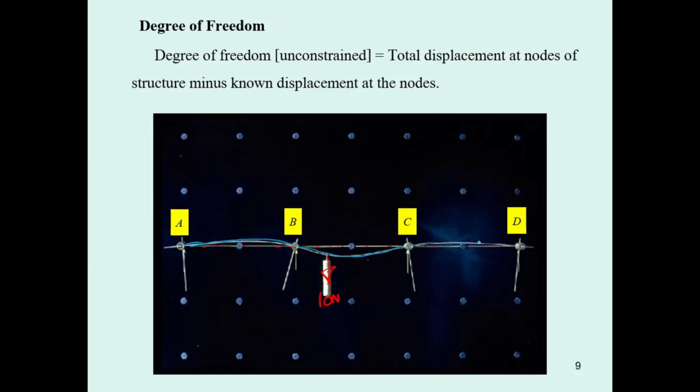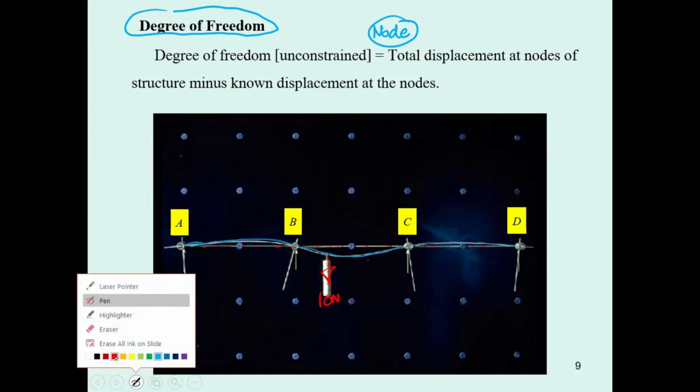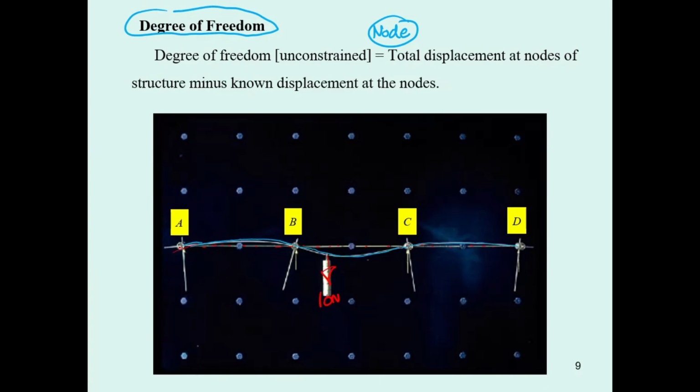Following the book, we are looking for the degree of freedom of this one. So we should start by pointing to the nodes. The nodes in this consideration are node A, node B, node C, and node D, because we are looking for the deformation.